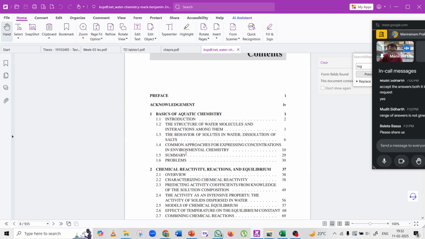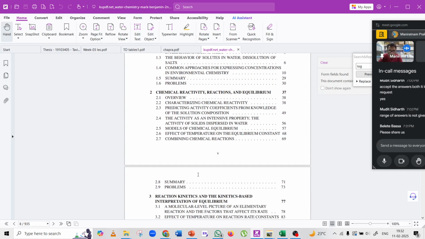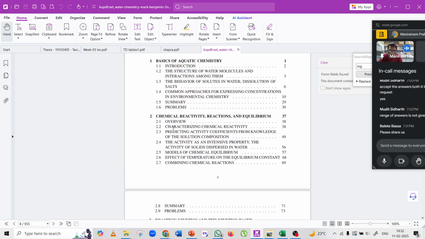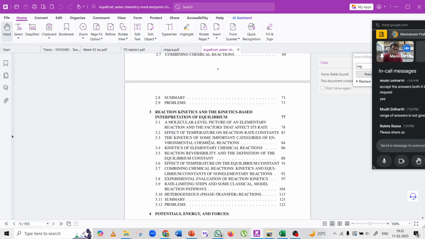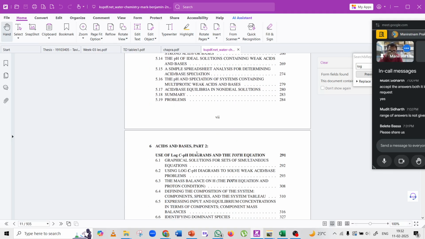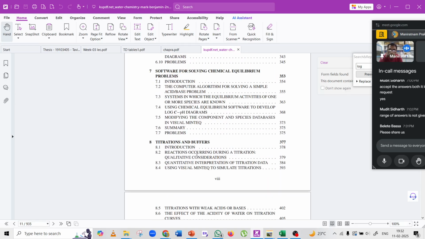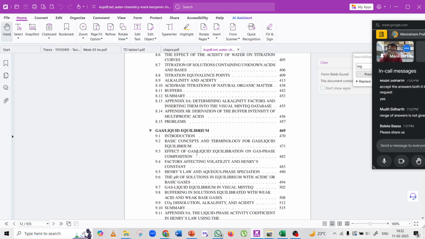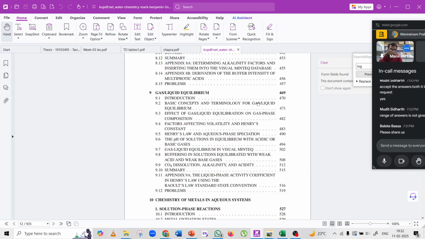Here you will see Henry's constant in chapter number 9, which covers gas-liquid equilibrium, along with acid-base chemistry, titration and other topics. You will learn how Henry's constant is used. This is a really good book.